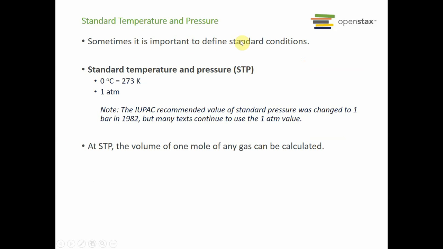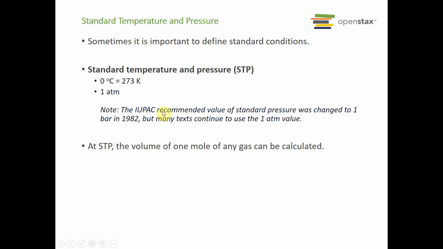Sometimes it's important to define standard conditions: standard temperature and pressure. It looks like this text is going to have 0 degrees C as the standard temperature and 1 atmosphere as the pressure for working with the ideal gas law.